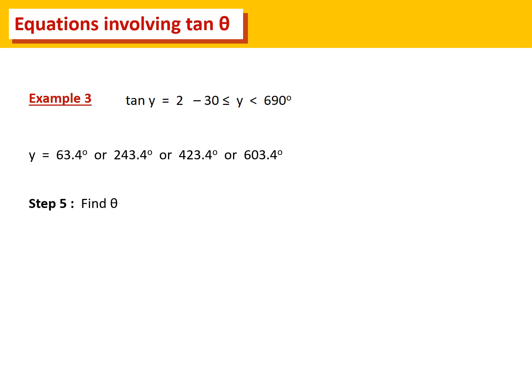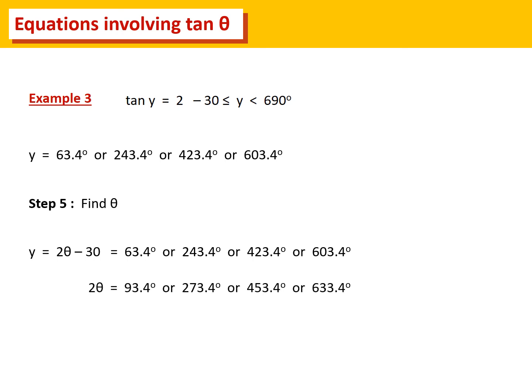We don't want to know what y is, we want to know what theta is. Remembering that y equals 2 theta subtract 30, and we have our 4 solutions there. If we add 30 to both sides, we end up with 2 theta equals those 4 solutions, and then if we divide by 2, we have our solutions for theta.